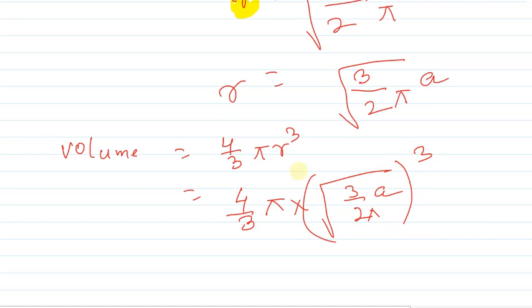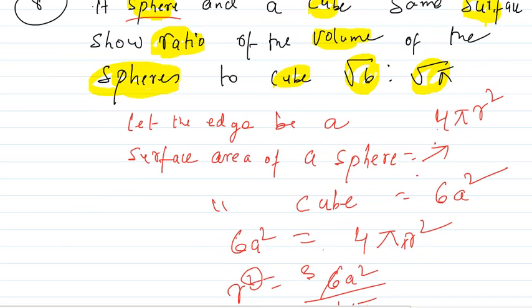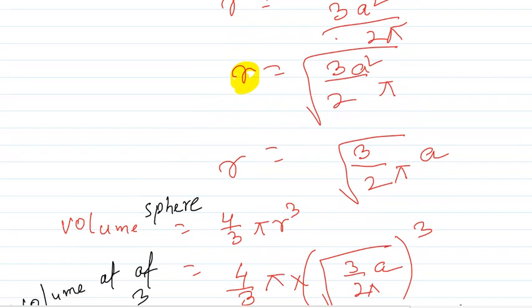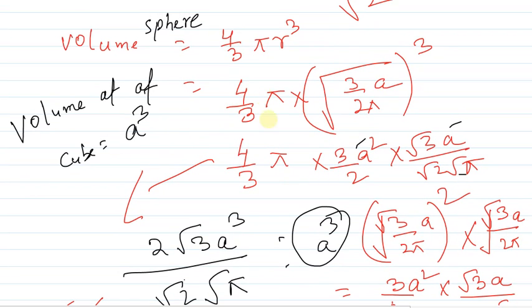So solve it. How much is coming? Are you getting the concept? You can ask me if you have any doubt. Volume of a sphere means 4 by 3 pi r cube, and volume of a cube is a cube. So just solve it from here.